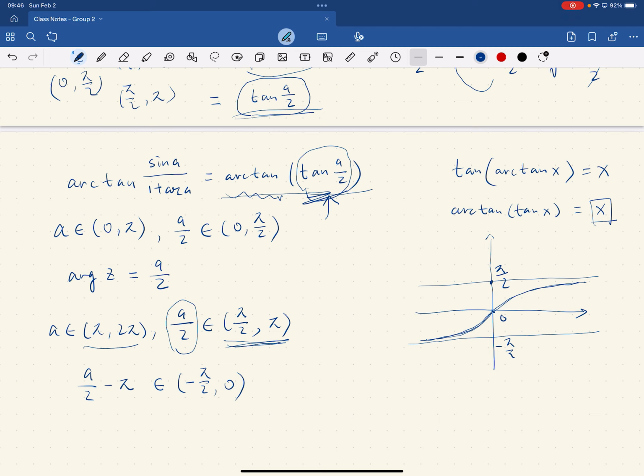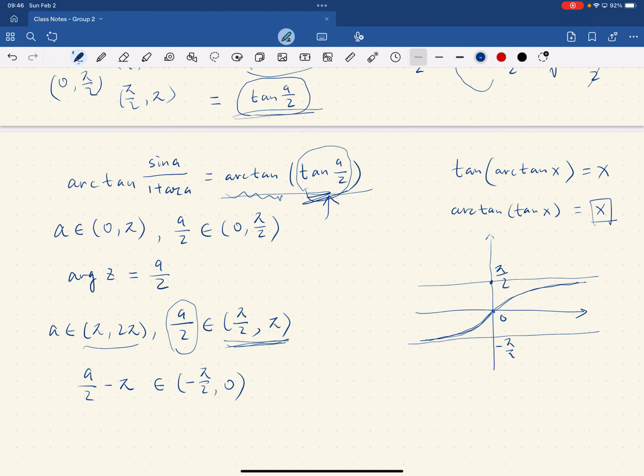This is what arctan can generate. It generates values from negative pi over 2 to pi over 2. So when we get this value, we want it to be the argument. The argument we want to be from 0 to 2 pi, so we just have to add 2 pi to it.